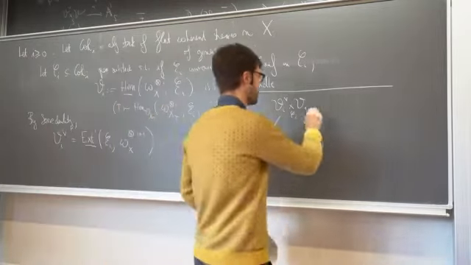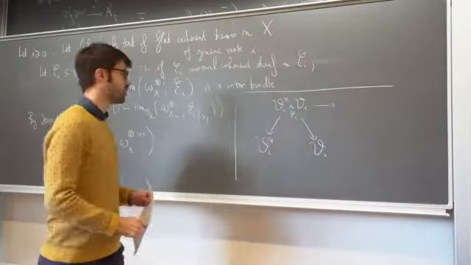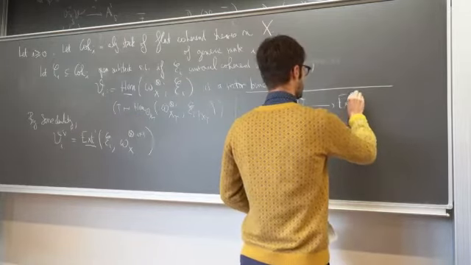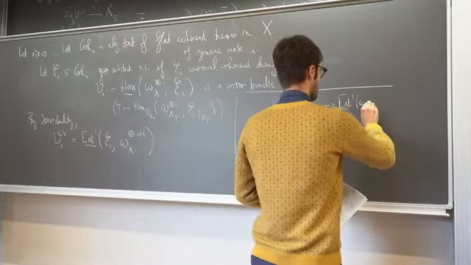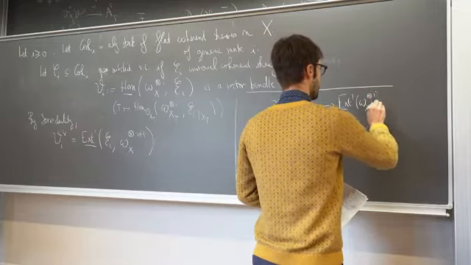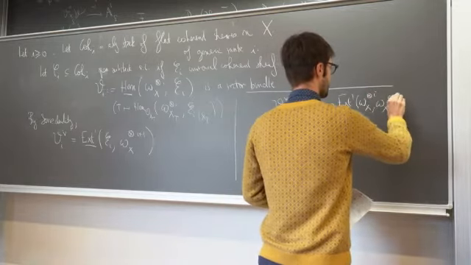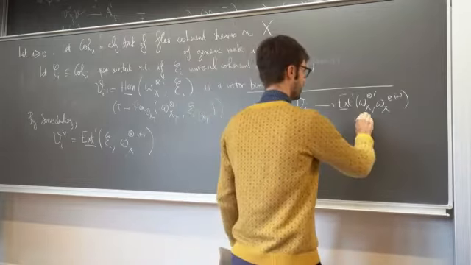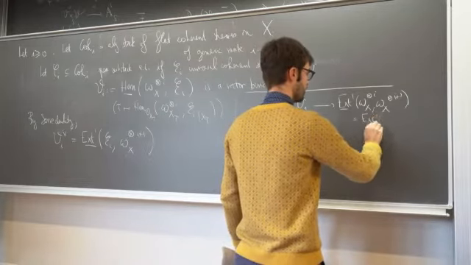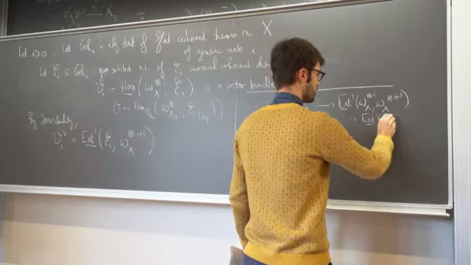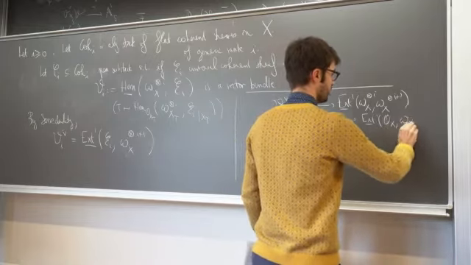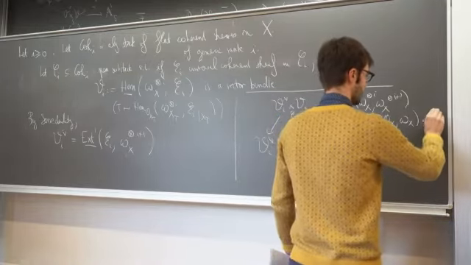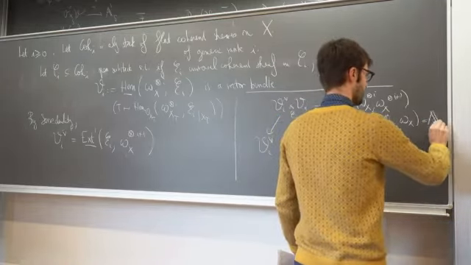Diagram. And the map here to A^1, in terms of this description, is just the natural map to Ext^1 of omega_X to the I, omega_X to the I plus 1, which is the same as Ext^1 of the structure sheaf, which is again by Serre duality isomorphic to A^1.